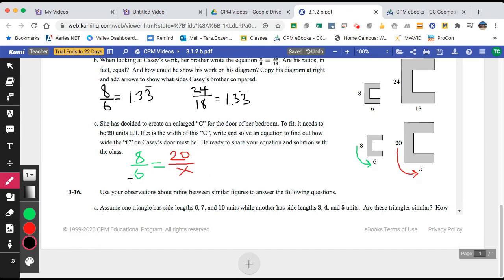And we're just going to do the same thing. We're going to cross multiply. So I'll start with those. 6 times 20 is 120 equals, multiply those two together, equals 8x. And same thing as before, we're going to divide both sides by 8. And again, we'll get x equals 15.